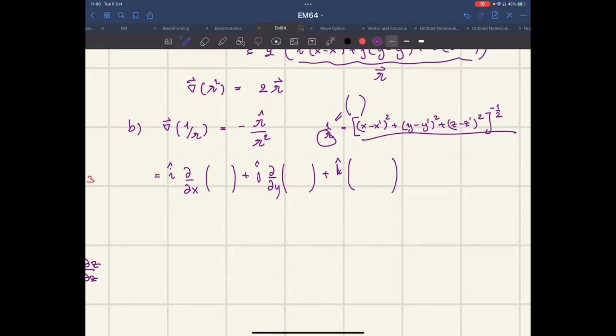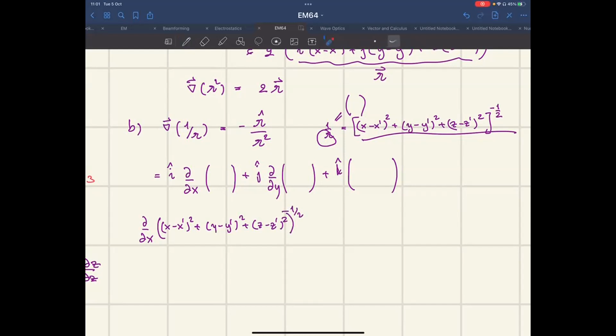Do you think it's possible to get rid of this and this for x? Do you think it's possible? So let's check it out. d by dx of x minus x prime squared plus y minus y prime squared plus z minus z prime squared, the whole thing to the power of minus 1/2.